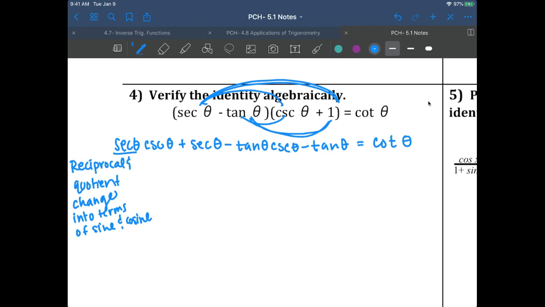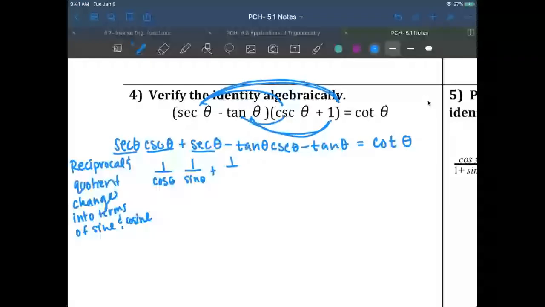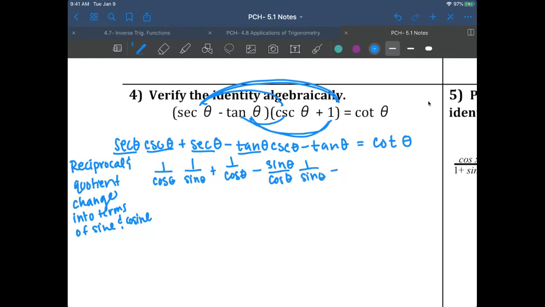I can rewrite that as 1 over cosine theta. Cosecant theta is 1 over sine theta, plus 1 over cosine theta minus, I want to write tangent in terms of sine and cosine, so I'm going to use the quotient property to write sine theta over cosine theta, times 1 over sine theta minus sine theta over cosine theta is equal to the cotangent of theta.